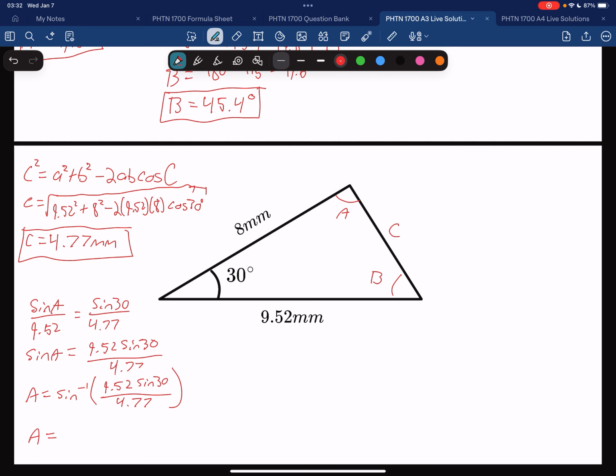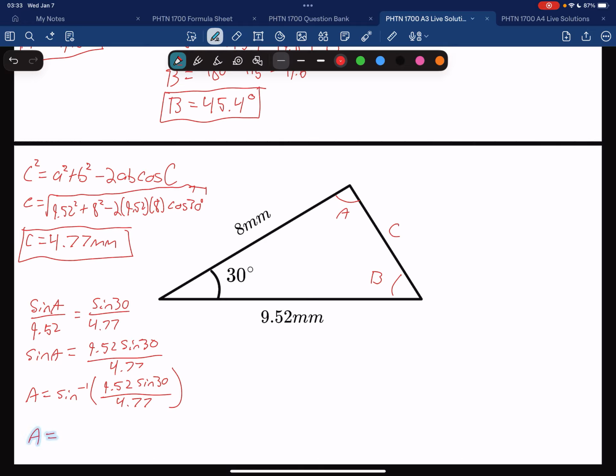So again, I will be descriptive with what buttons I press on my calculator for this calculation all in one go. First I'm going to hit my second function. Some of your calculators, that might be shift. Then I will hit sine, so I get my inverse sine.